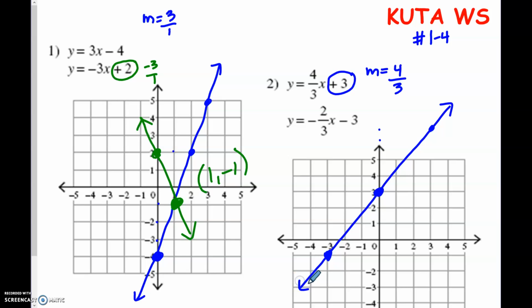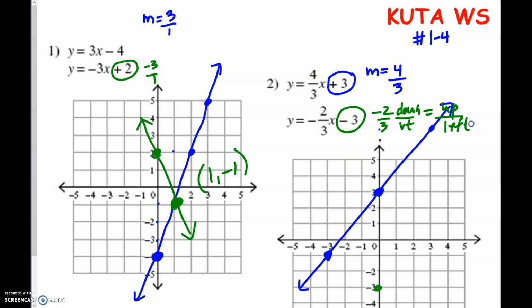Now my second line: my y-intercept is -3, and this slope is -2/3. I can certainly go down 2 and over 3, but that's going to give me a point over here, and I need to go towards my blue line. If I want to go down and right, the opposite of that is up and left.